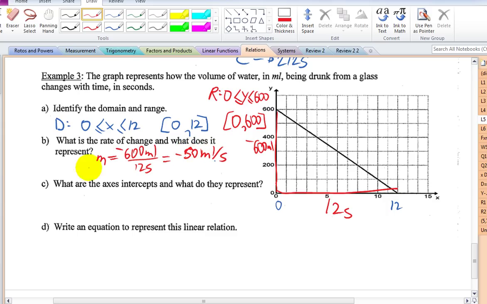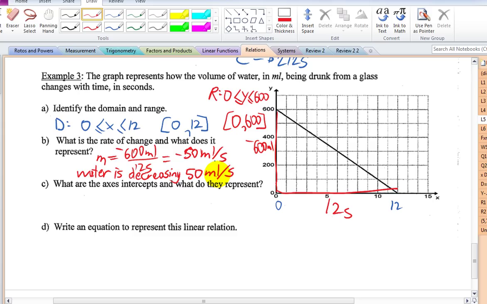What does it represent? The water is decreasing 50 milliliters per second. Now you could also say it's being drunk at a rate of 50 milliliters per second. You have to indicate that water is leaving the glass because it's going down.